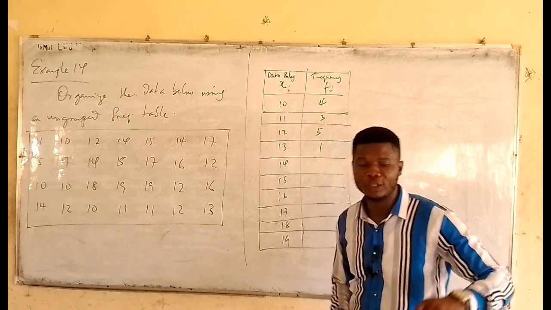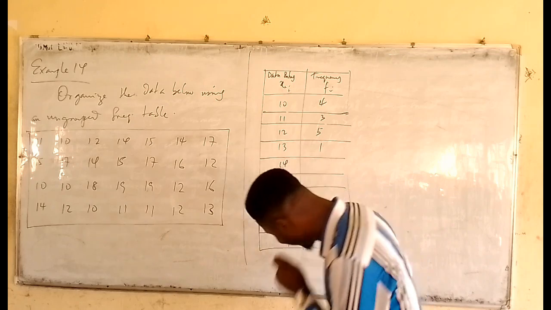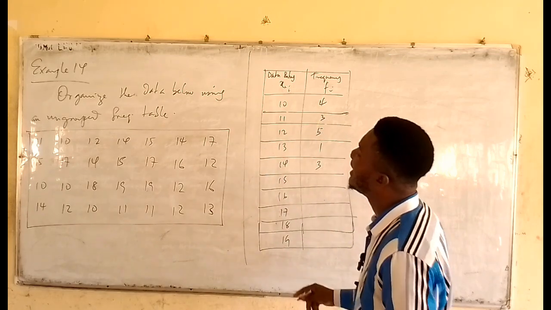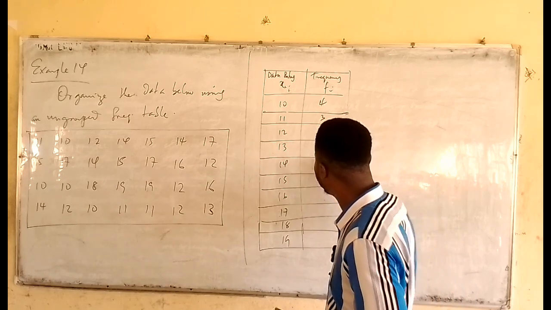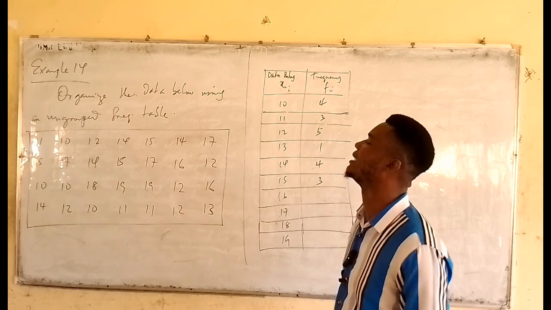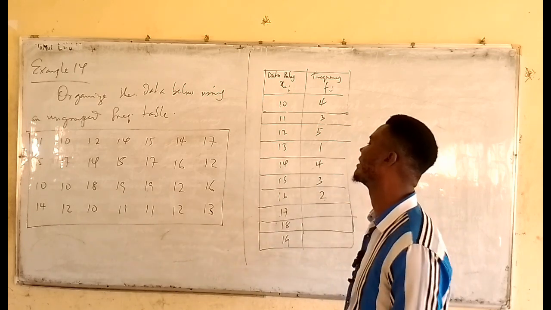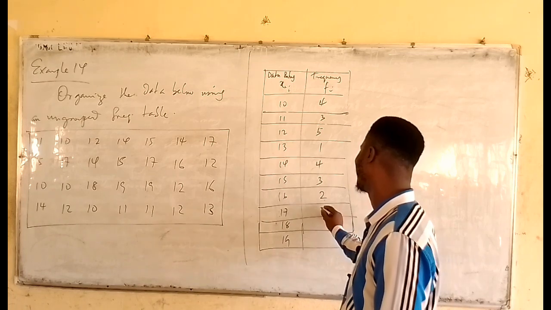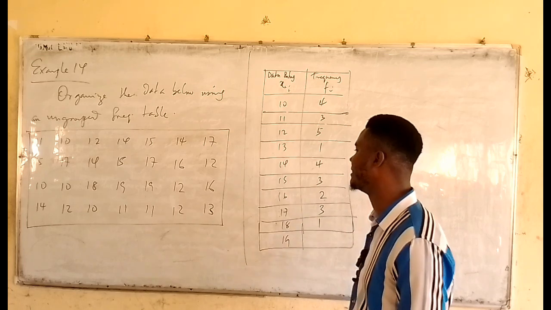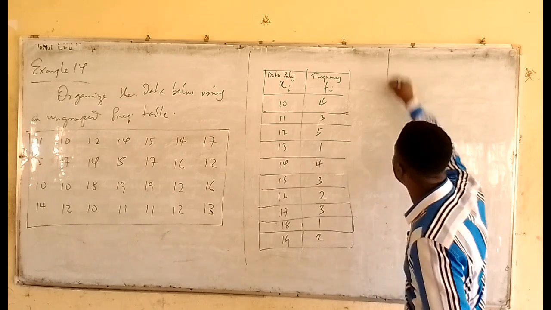You see this 1, 2, 3. So, how many 14s? How many 15s? Calm down. How many 16s? 2. How many 17s? How many 18s? How many 19s? 2. Now, just wait a minute.